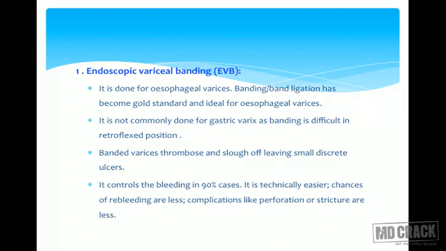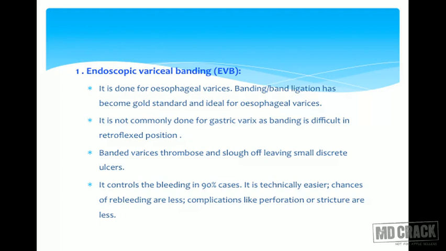Endoscopic variceal banding is done for esophageal varices. It is not commonly done for gastric varices as banding is difficult in the retroflex position. So you may be asked a question: banding is done for which type of varices, esophageal or gastric? Ideally it is done for esophageal varices. It is the gold standard for esophageal varices. Banded varices thrombose and slough off, leaving small discrete ulcers.